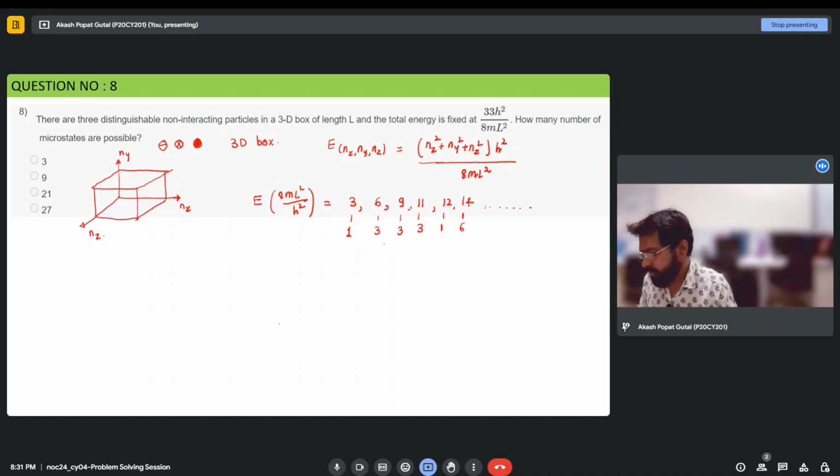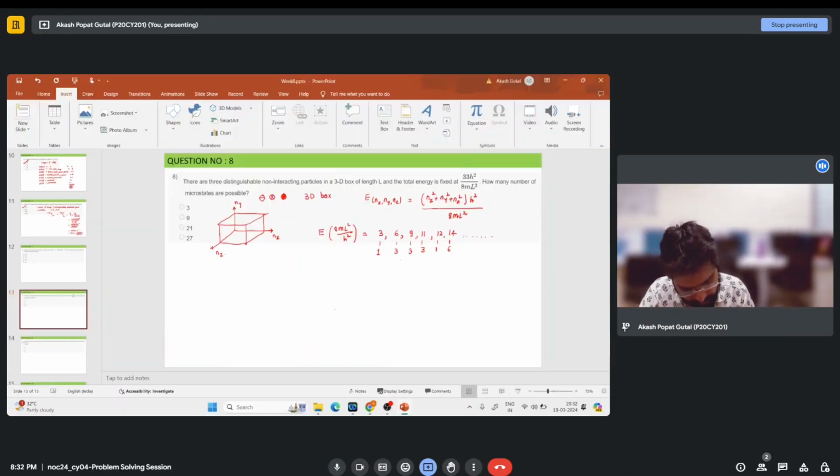For the 3D box, for 11, there is a 3. And for 14, I think there must be 6 degenerate states. Right? There must be 6 degenerate states. So I will show you. I think it's better to show you the table.